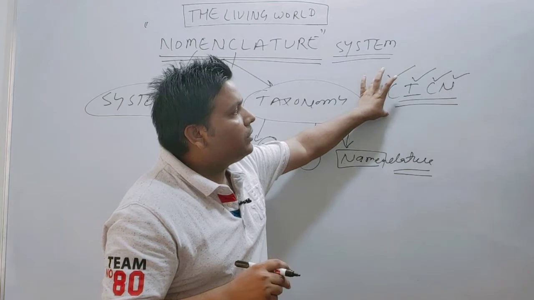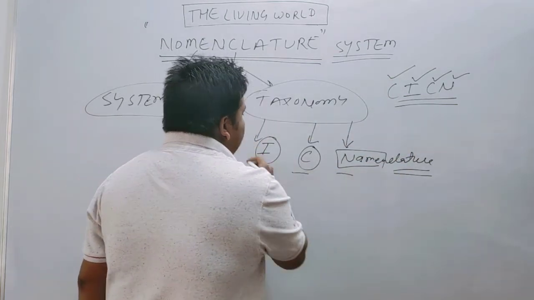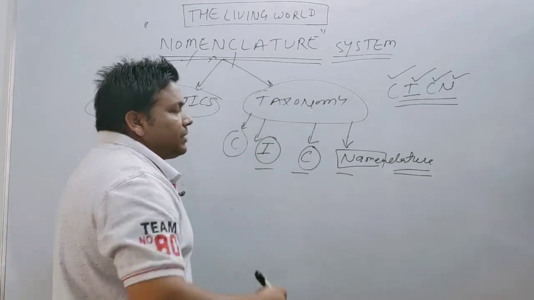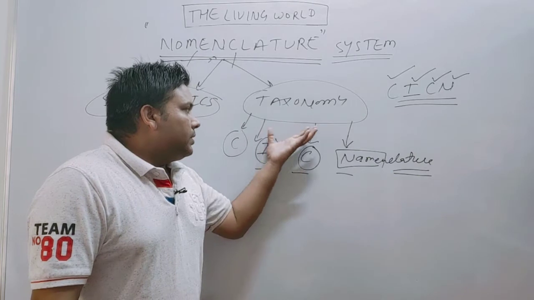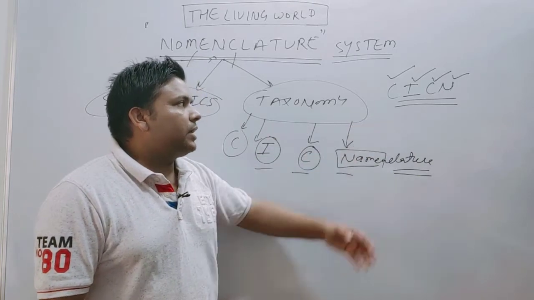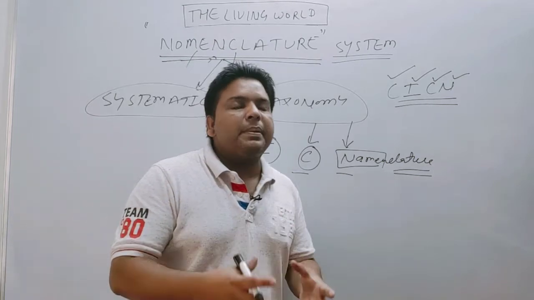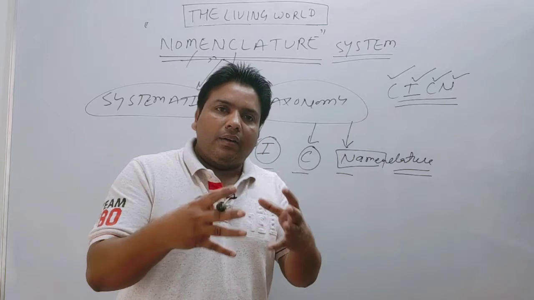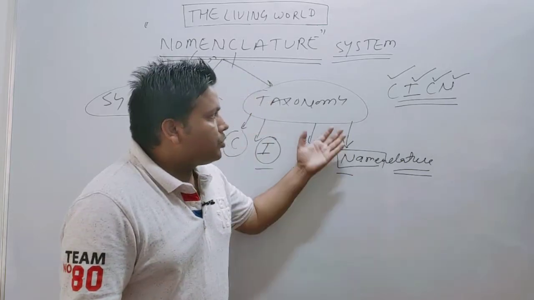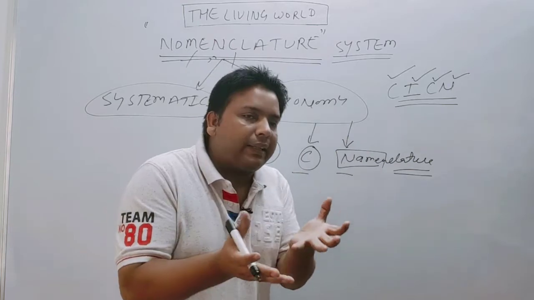So taxonomy is a science that deals with the classification, characterization, nomenclature and identification of organisms on the basis of various characteristic features, जो हमने देखे हैं, morphological features है ना, और भी सारे features हो सकते हैं. So we can characterize them on the basis of those features so that we can identify them easily.